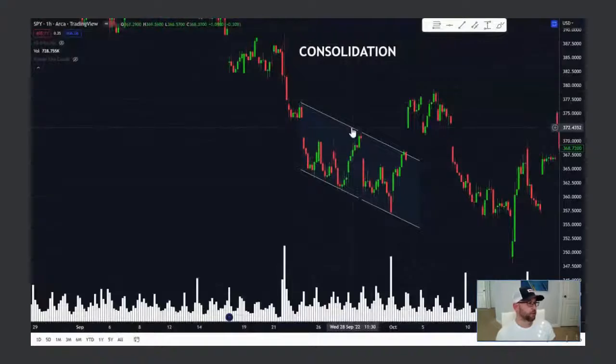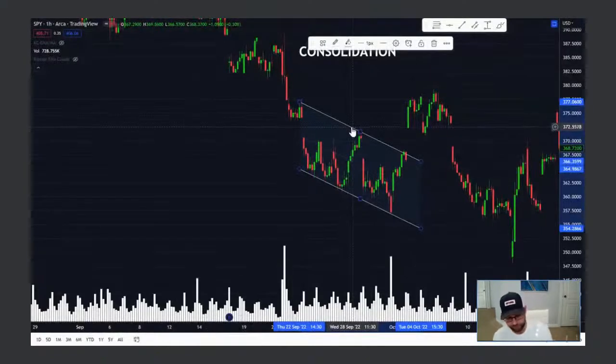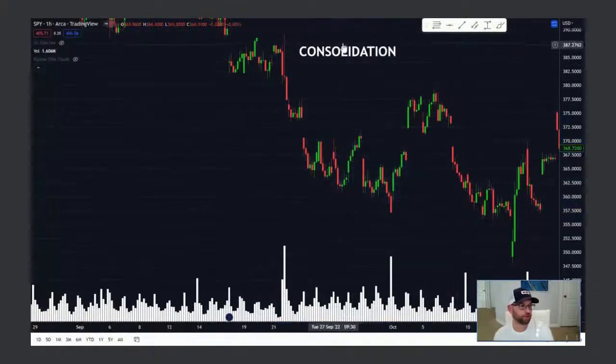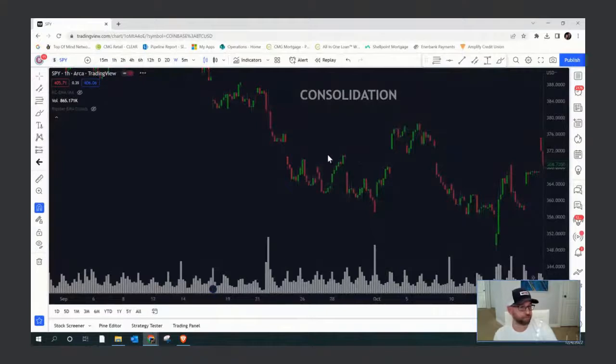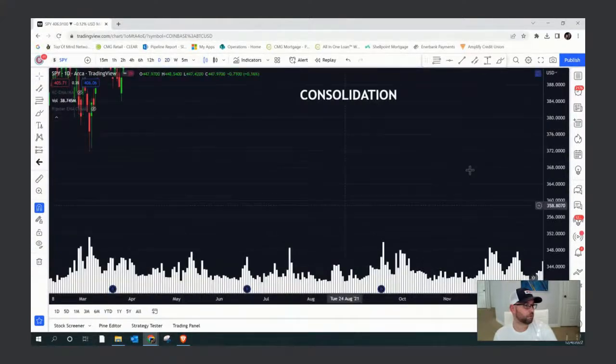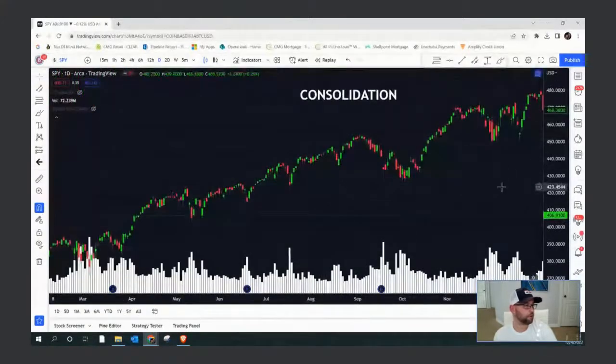This is an hourly time frame. So let's look at an example of a higher time frame consolidation that gives us a much more powerful move. Let's even go to the weekly. Freezing up a little bit there.